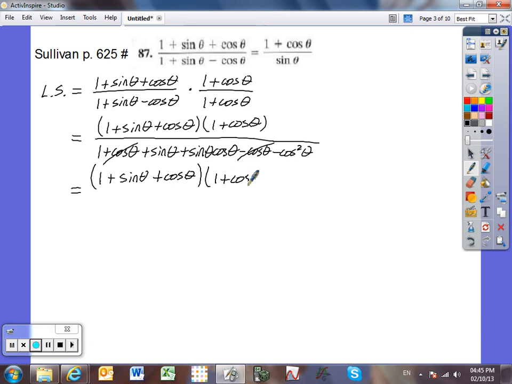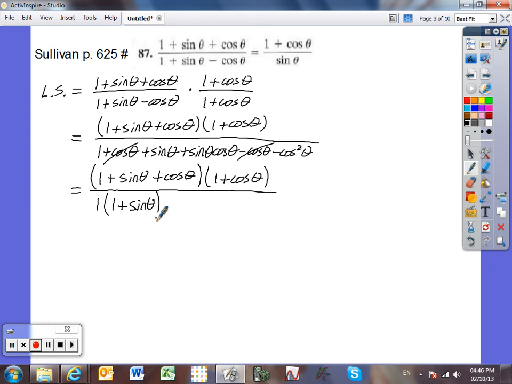And there's the factor I don't want to touch because that's how my right-hand side looks in the numerator. Here I'm going to do factoring by grouping. So between my 1 and my sine theta, there is no common factor. Let me just pull out a 1. 1 plus sine.